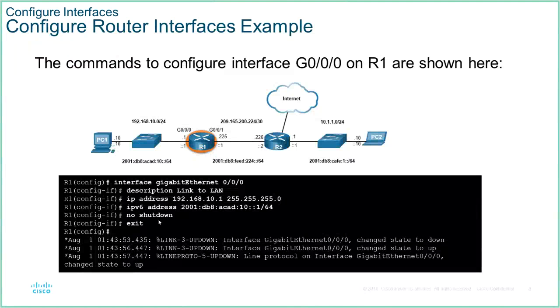We're turning the interface on with the no shutdown command, and we're exiting out of config. Now, you would rinse and repeat that sequence for every interface that you have on the router until all of them are configured. And that's the second slide.